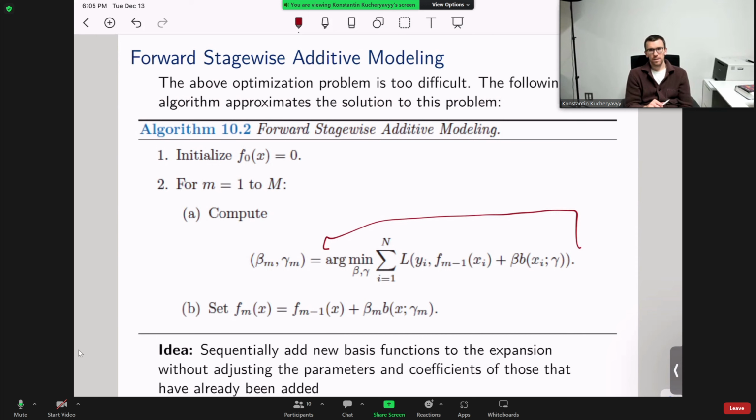But talking about gradient boosting, are we still inside of forward stage-wise modeling or not? Yes, it would be an improvement on forward stage-wise, a numerical algorithm in the spirit of forward stage-wise additive modeling. Okay.